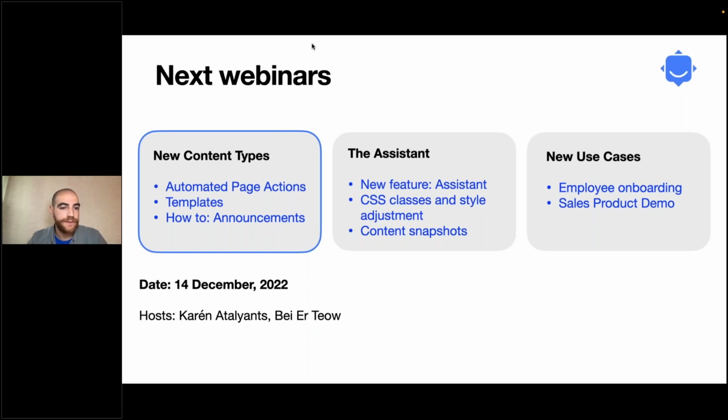Templates, we have step templates, different designs that could be very interesting as well, that can make life easier when building your tour, so you don't have to design different steps from scratch. And announcements. Announcements are essentially a slightly different version of the pop-up step, and we'll show you how that works. So this is going to be interesting. New content types is the next webinar on 14th December.